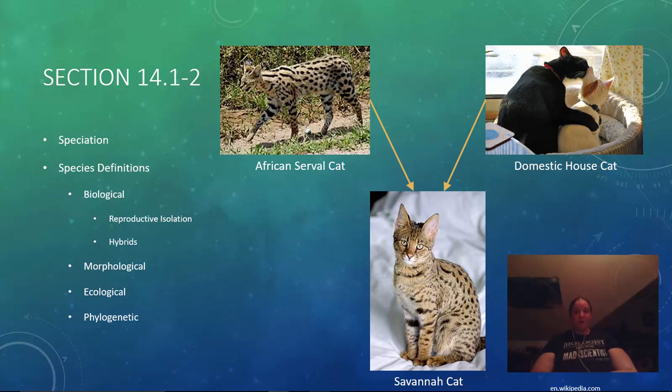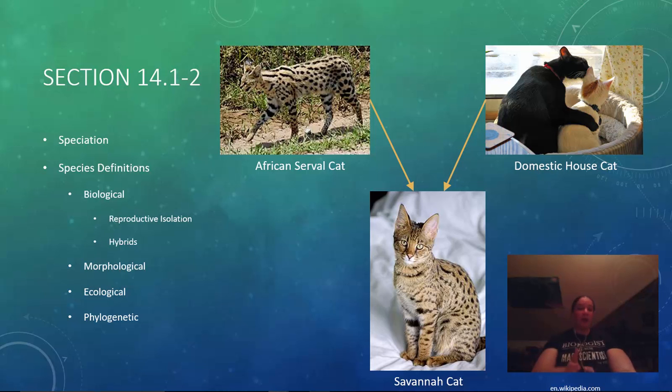The phylogenetic species concept has to do with species in an evolutionary context and figuring out which species are closely related enough to have a single common ancestor, gradually moving up into a larger group of animals or plants that have a large variety between them, but still have one single common ancestor, so we can figure out where that group of organisms split off from the overall evolutionary family tree.